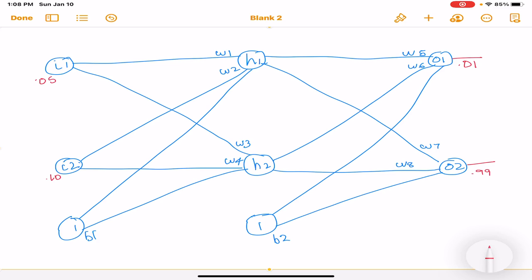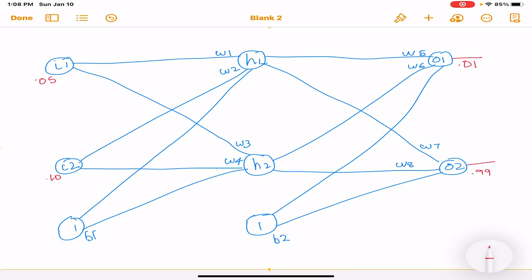In order to start my forward propagation, I need some weight values to be assigned to my W1, W2 up to W8 along with my bias B1 and B2.